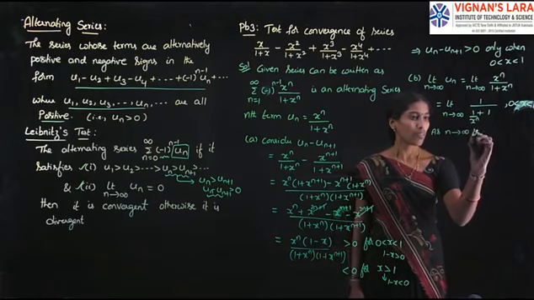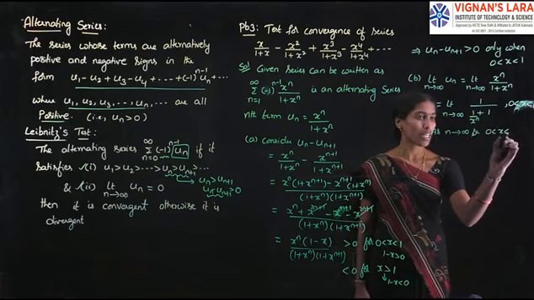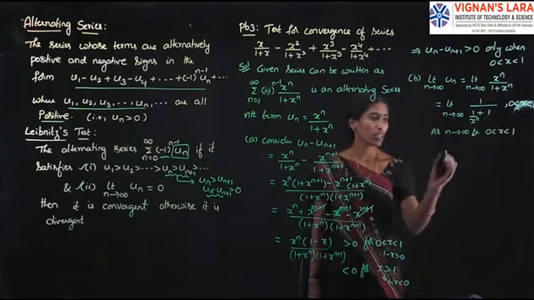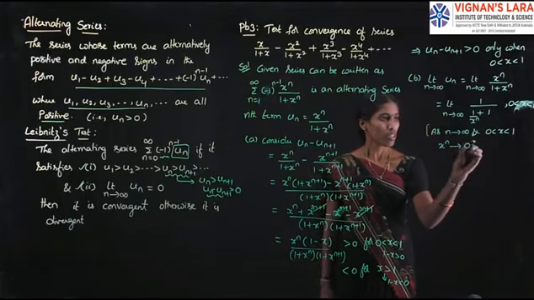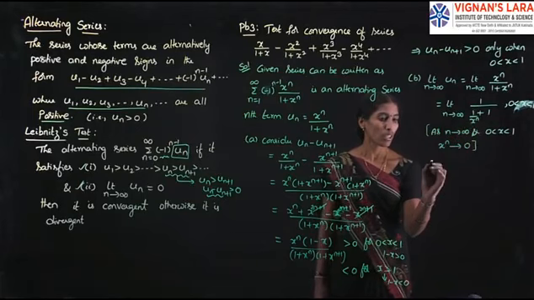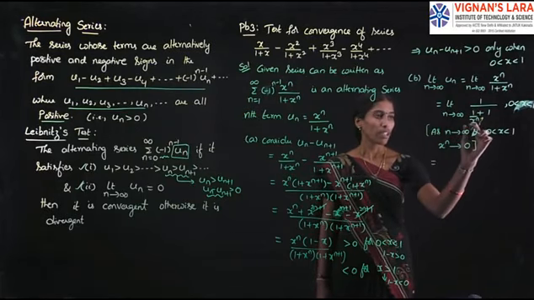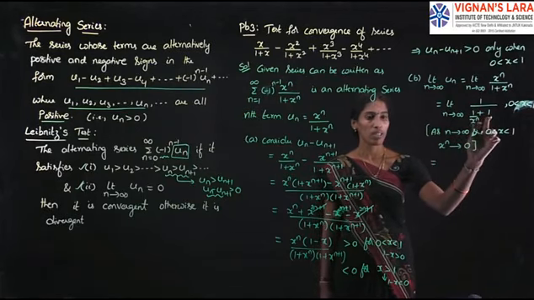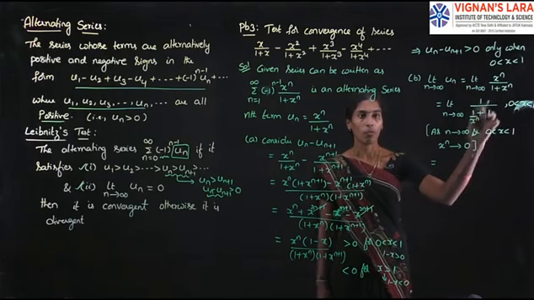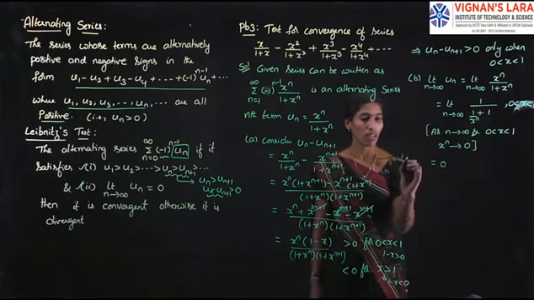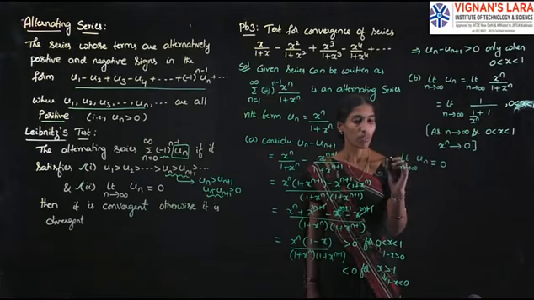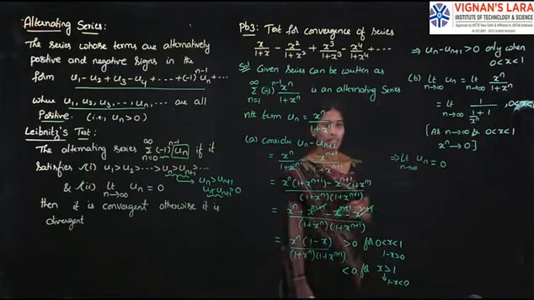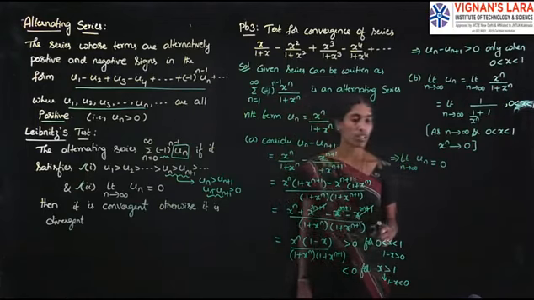If the value of x lies in between 0 and 1, x to the power n tends to 0. 1 by 0 is infinity. Infinity plus 1 is infinity. 1 by infinity, limit value is 0. Right? So limit n tends to infinity un is equal to 0.